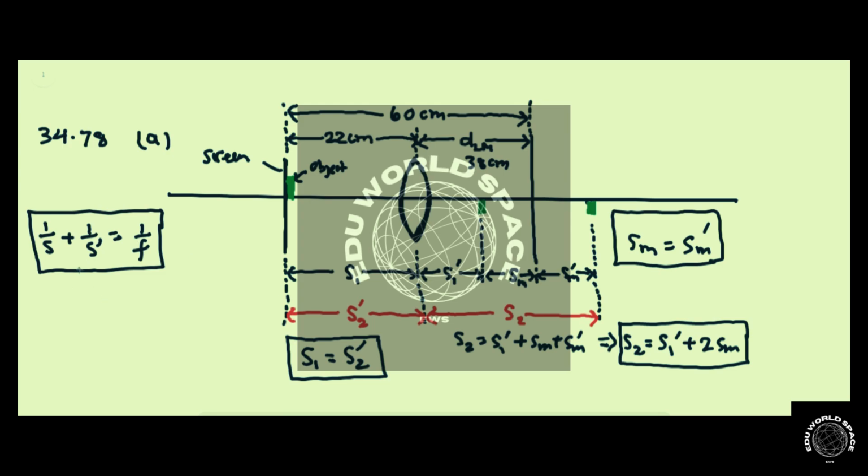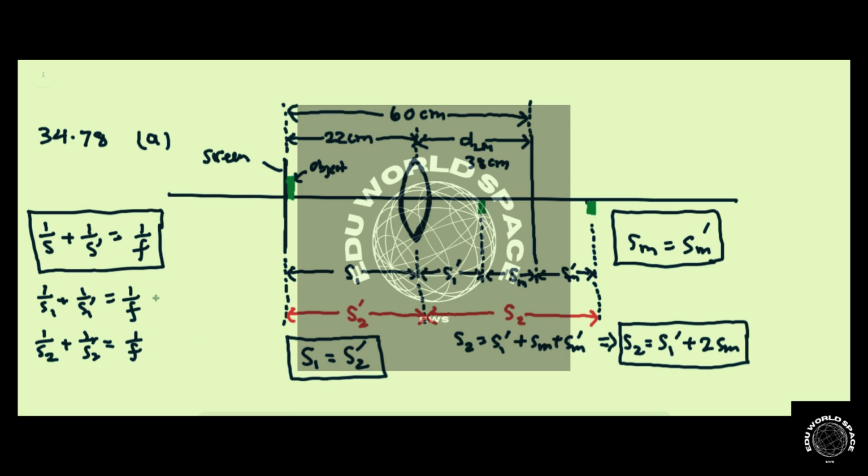So we have 1 over s1 plus 1 over s1 prime is equal to 1 over f. The focal length is obviously not changing because we're using the same lens. And then again, we can apply it another time: 1 over s2 plus 1 over s2 prime is equal to 1 over f.